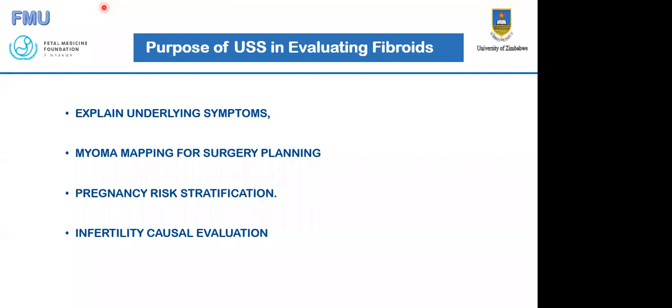Then pregnancy risk stratification is one of the reasons. If you are scanning a woman with fibroids in pregnancy, of course, you sometimes want to explain the underlying symptom. These women may come with pain due to red degeneration, but you also want the ultrasound report to be able to risk stratify the woman.